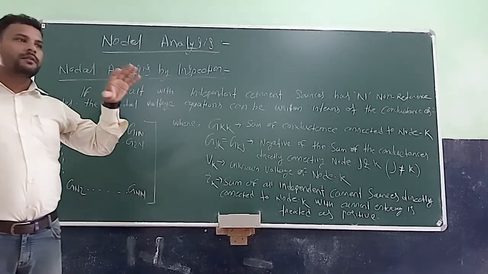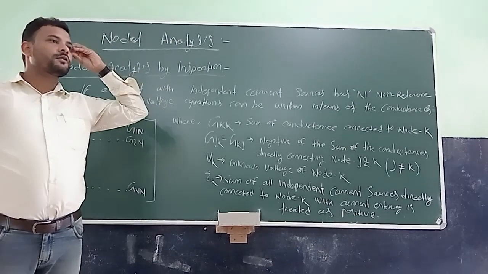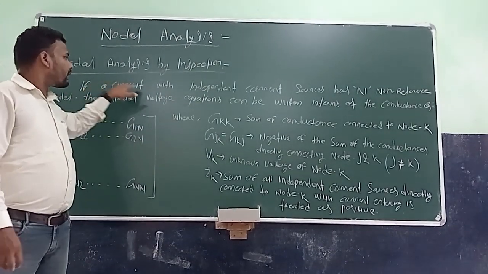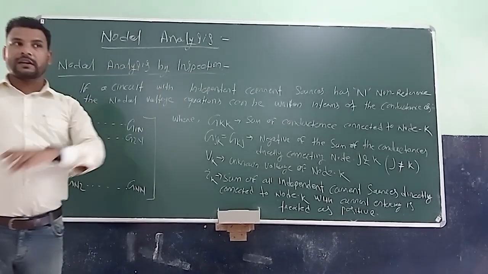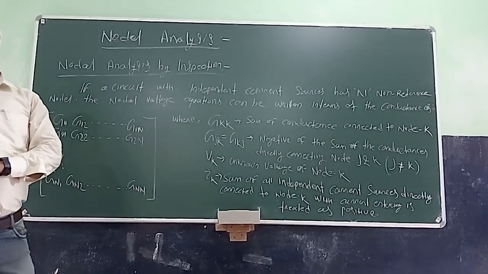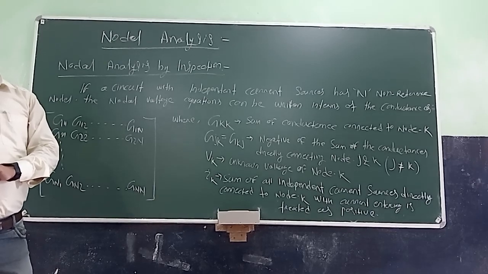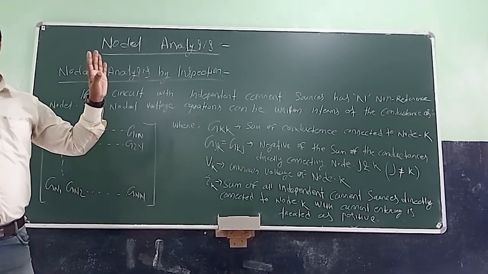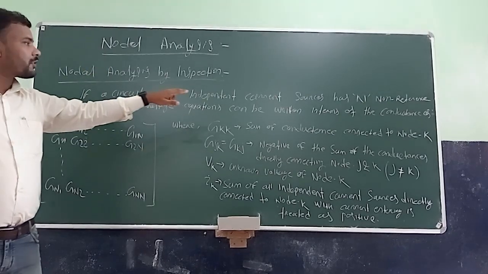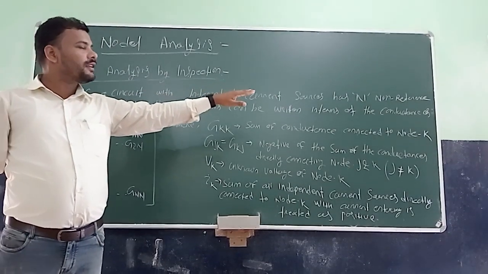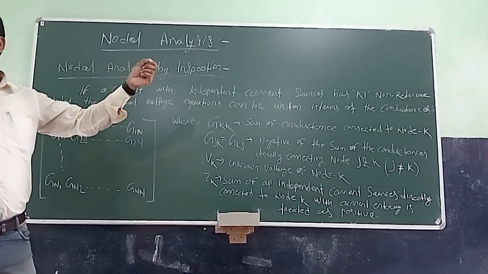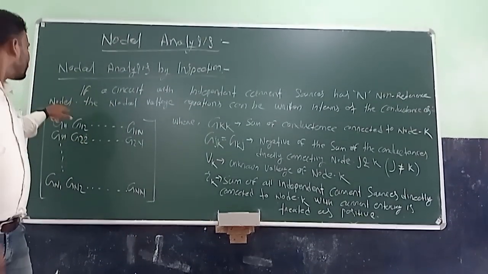Inspection means by watching, by the thought of our mind. Nodal analysis by inspection we can apply to a circuit which has only independent current sources, with n non-reference nodes.